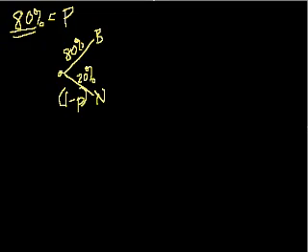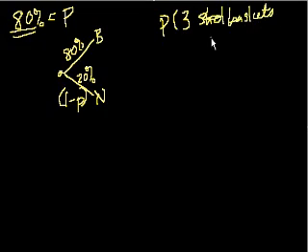So my question to you, let's do kind of the same examples we did with the coins. What's the probability of me making 3 baskets in a row, or 3 free throws in a row? Let me say free throws, because this is my free throw percentage, not my overall shot percentage.